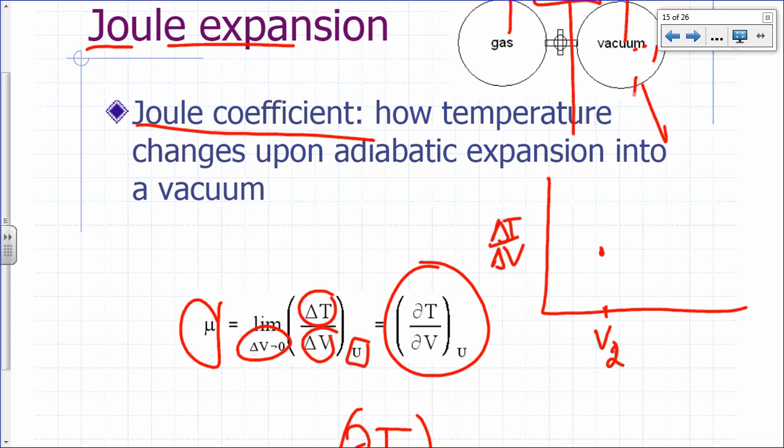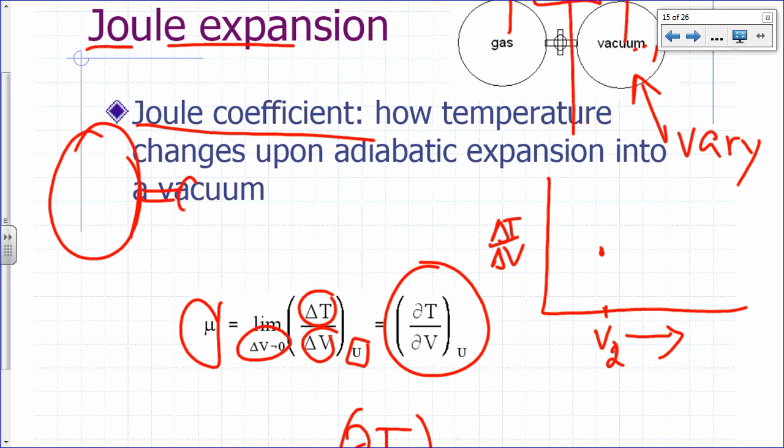You vary the volume of your vacuum. So this is going to be V2. You start off with a little tiny one, and then you do a little bigger volume, and so on. So you run a series of points. And how do you get the limit as delta V approaches 0?